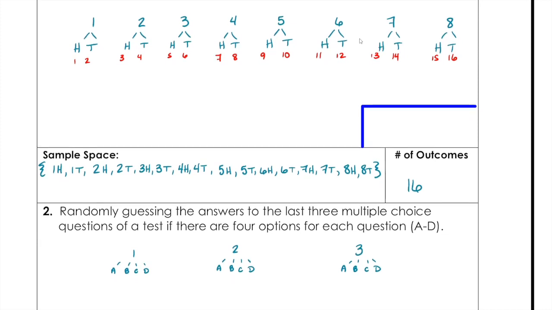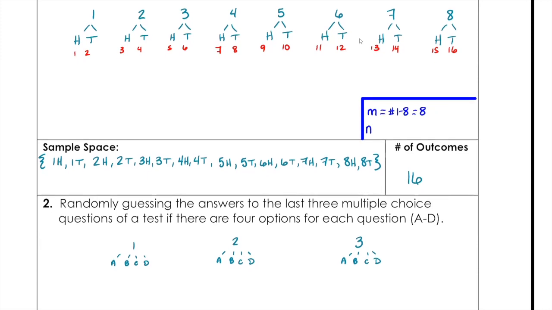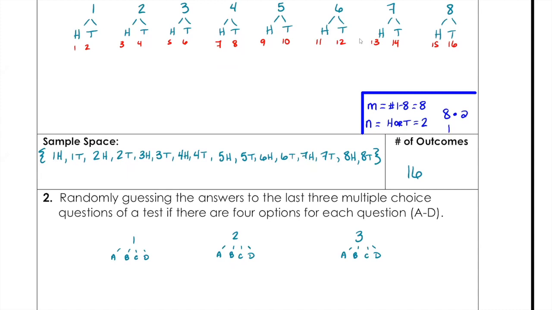So if M represents a number 1 through 8, which would be 8 possible outcomes, and N represented heads or tails, which was 2 possible outcomes, if we just multiply 8 times 2, well, would you look at that? You get 16.